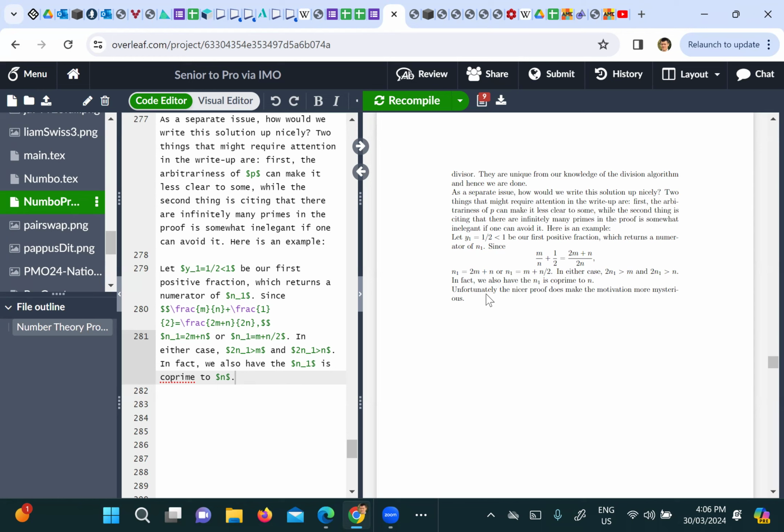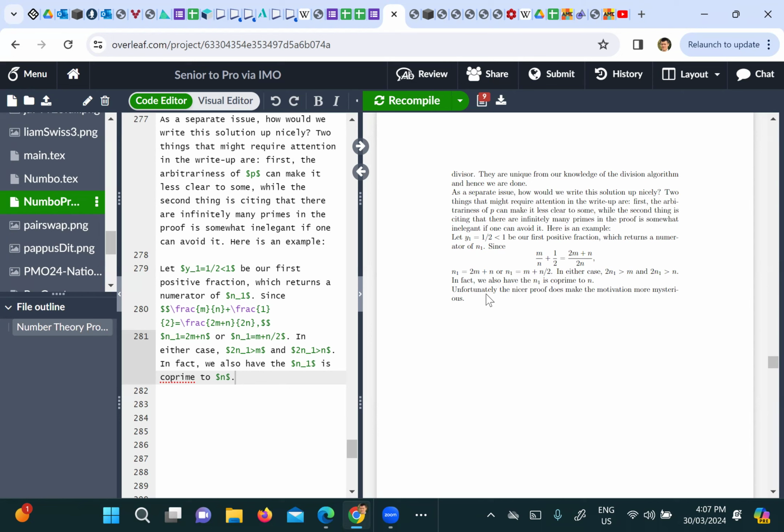Because then it could now have factors in common with n. n1 didn't, but n1 plus 1 might, and m might be m minus 1 or something, you know? Isn't it n1 squared? All right, so he's ahead of me.